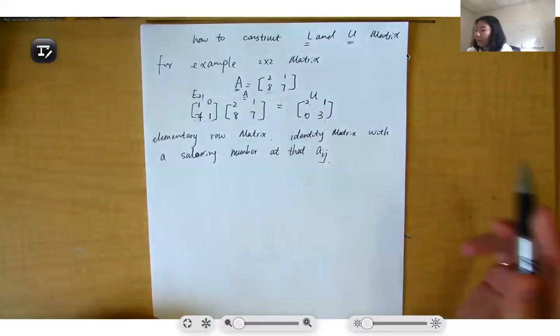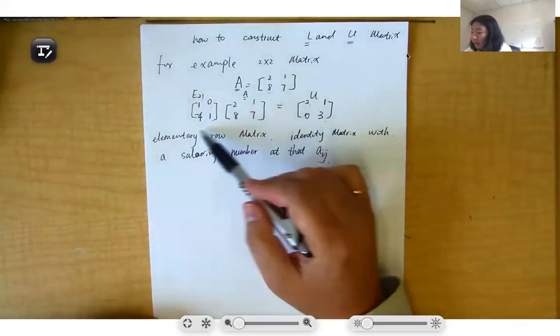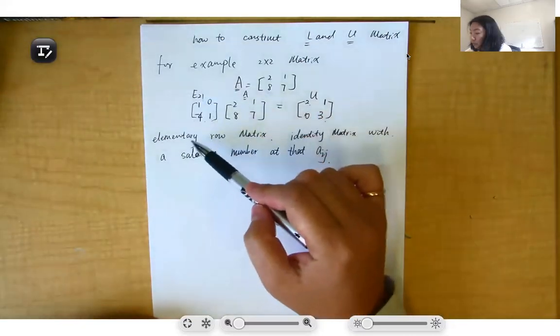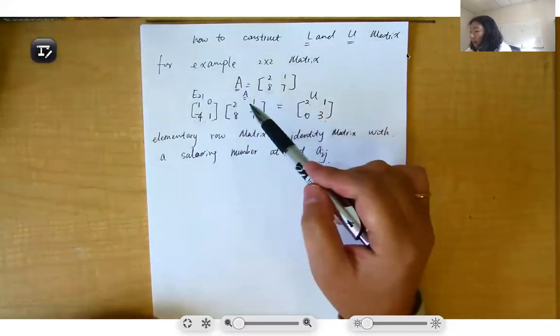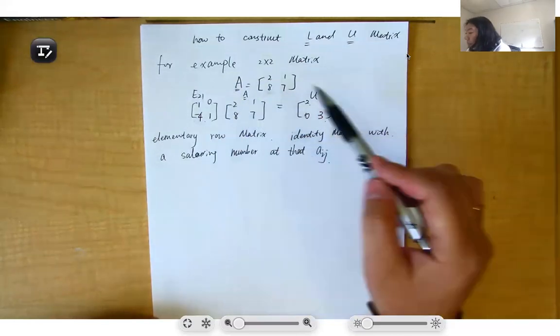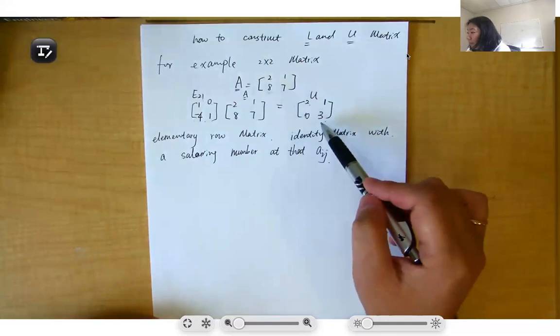So you can see that by operating with this elementary row matrix, we can convert A to an upper triangular matrix.